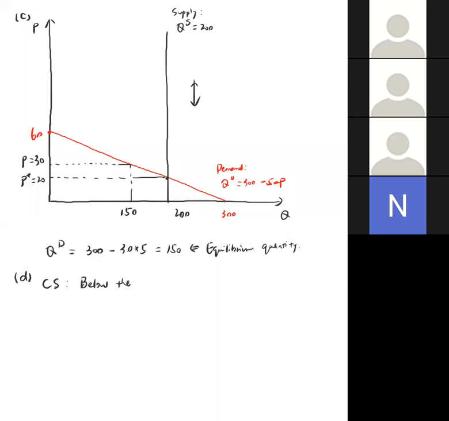Demand curve, and above the equilibrium price, and up to the equilibrium quantity.